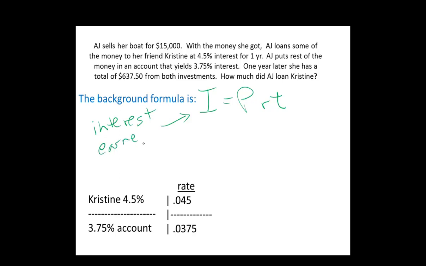That's the amount of interest we're making on our money. P stands for principal. And that's really the money that we put in. R is the rate, and T is your time. So that's our background formula.